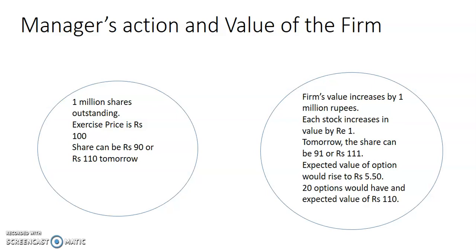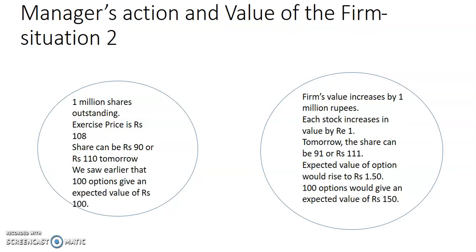So the expected value of the option now is going to be 5 rupee 50 paisa. And if you are holding 20 such options, then your expected value is going to be 110. So a positive action of the manager results in an enhanced value of rupees 10 under such a situation.